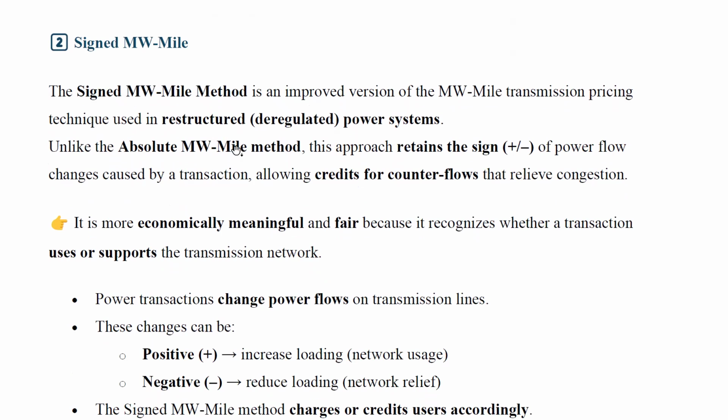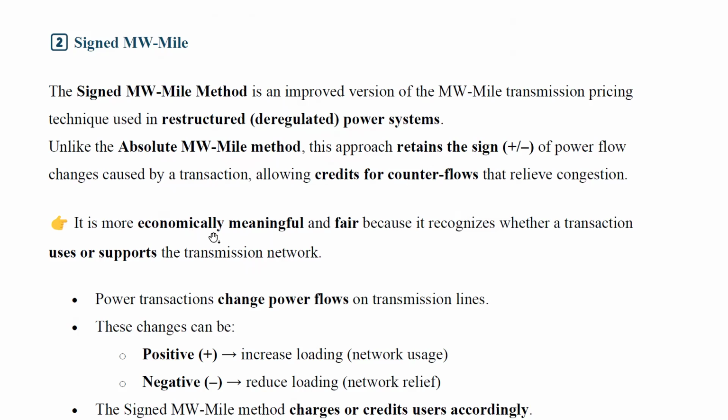Unlike the absolute megawatt mile method, where we take absolute modulus values, this approach retains the sign, plus or minus, of the power flow changes caused by the transaction, allowing credits for counter flows that relieve the congestion. So counter flows are also allowed.